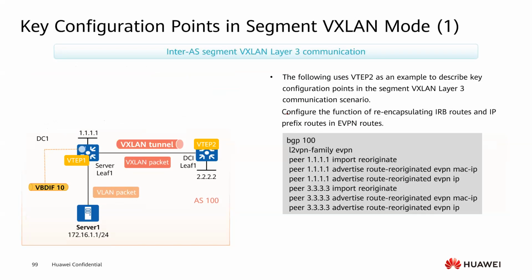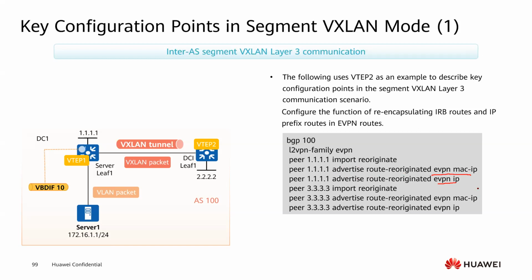All right. Now let's look at some key configuration points in the segment VXLAN mode. You will find that we have already seen we will regenerate the next hop, the VNI, and the inner MAC address. All right, so we will use this command: import regenerated and advertise regenerated EVPN MAC and IP, and EVPN IP.